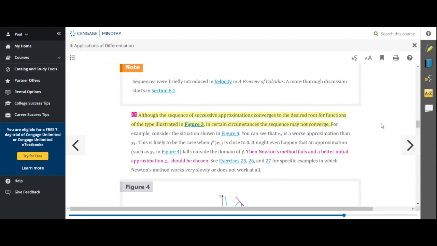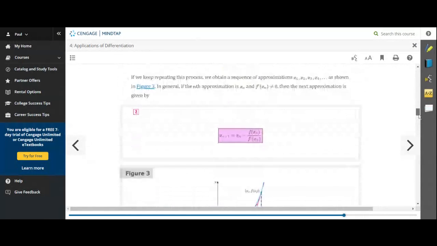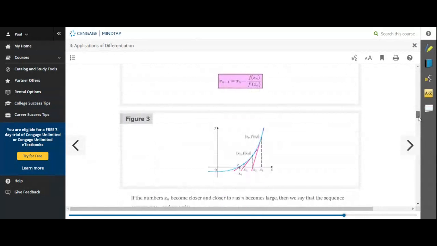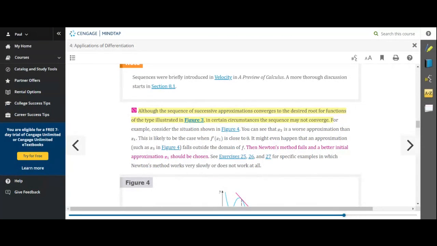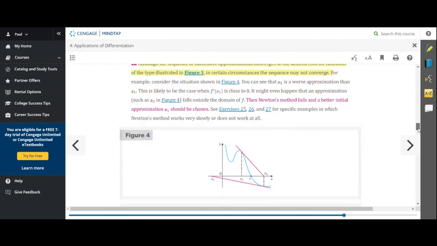In figure 3, Newton's method worked beautifully. But in certain circumstances, Newton's method may not work depending on what your starting value is. And they're showing this in figure 4.